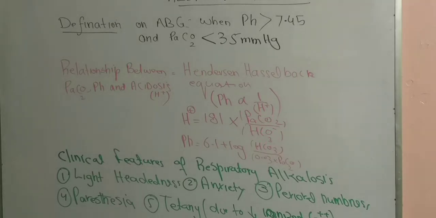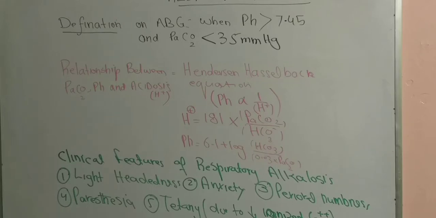From this equation, it is quite evident that when the partial pressure of carbon dioxide goes high, the hydrogen ion will go high, and ultimately the pH will come down. This is what we have seen in respiratory acidosis. But the inverse happens when the partial pressure of carbon dioxide goes down, so the hydrogen ion goes down, and this is what we call alkalosis, and the pH will go high. So this is the relationship between these three entities through the Henderson-Hasselbalch equation.